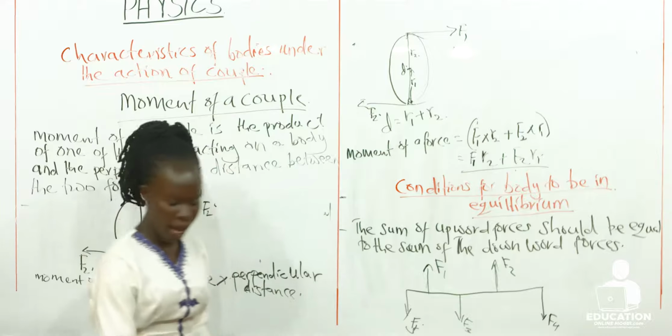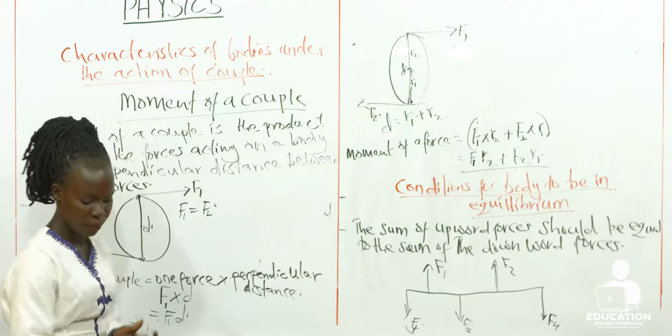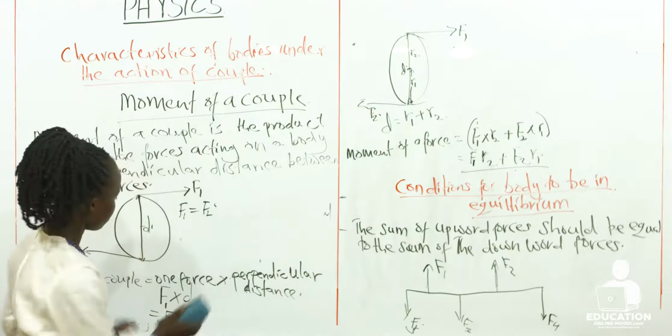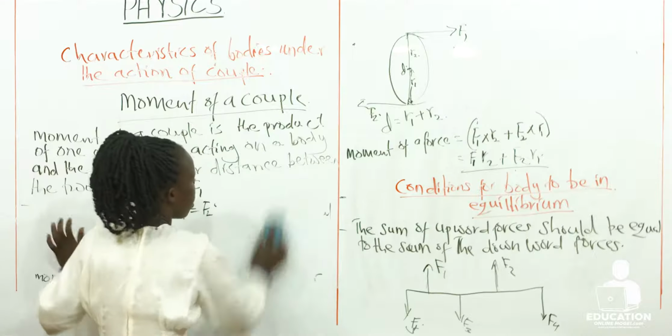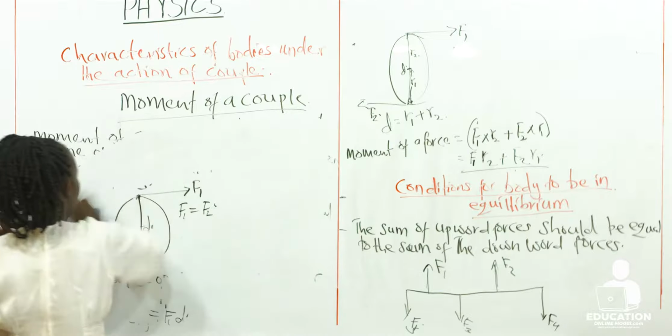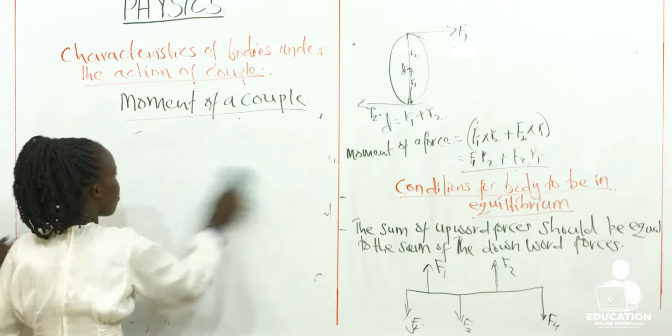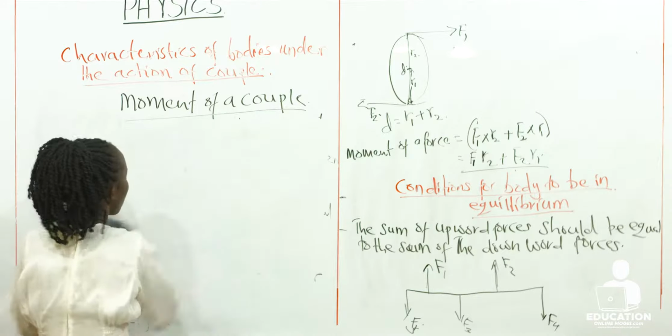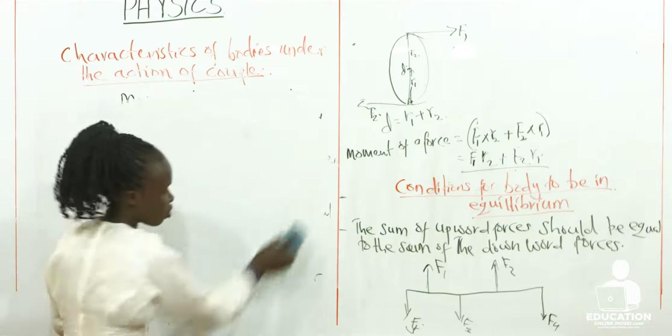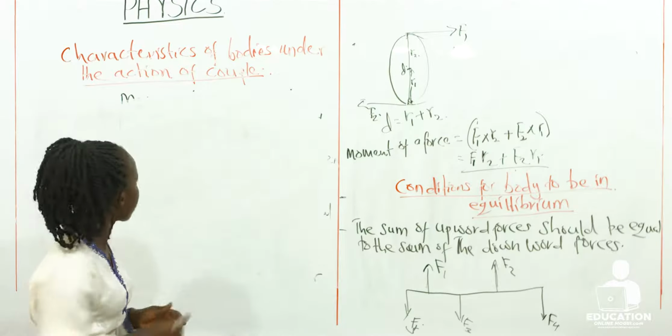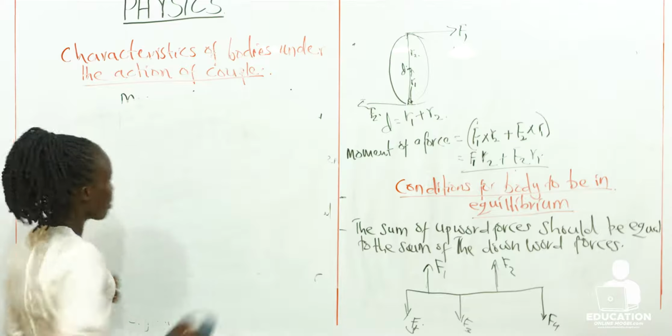So what could be another condition there? Let's look. Since we say we have to balance it by balancing all the forces upwards and downwards, we can also have it as the clockwise moment.